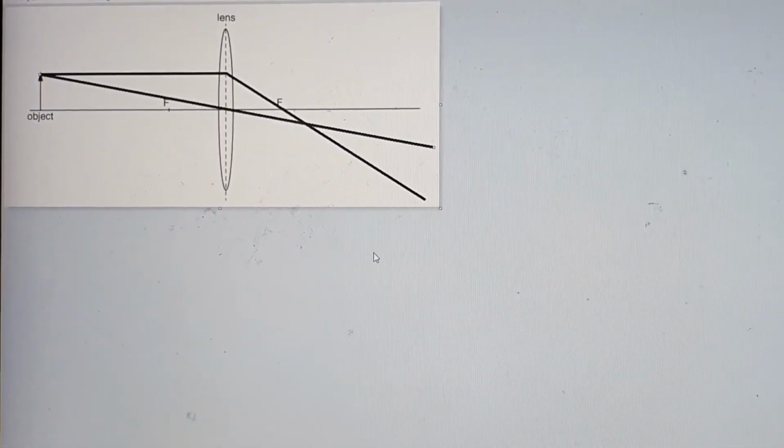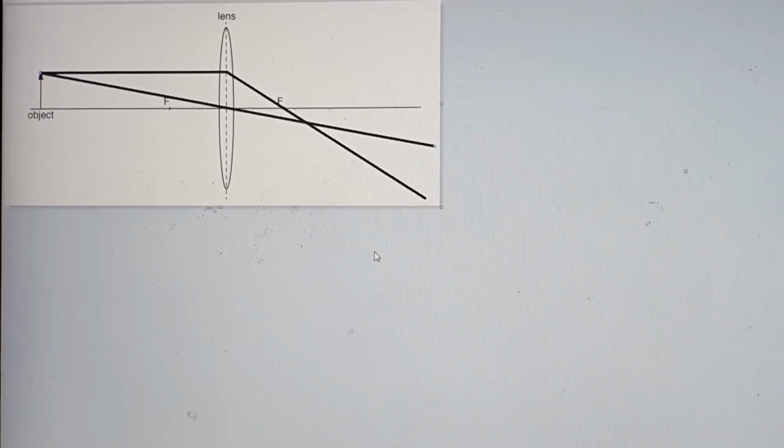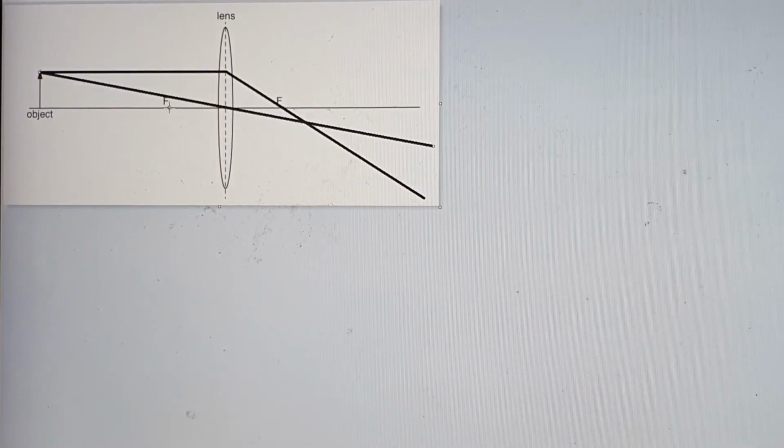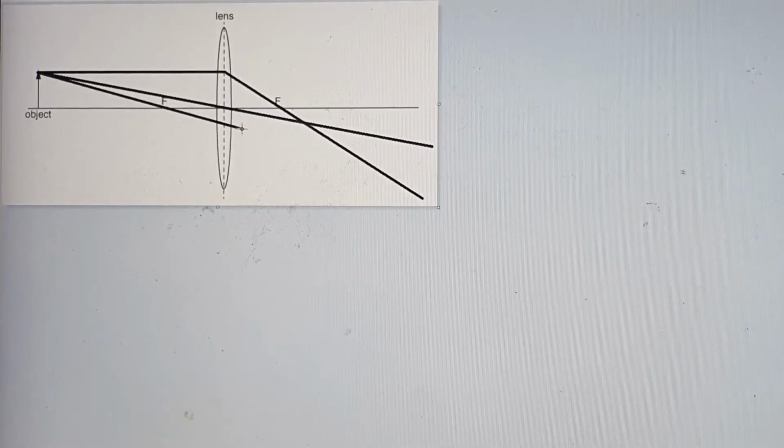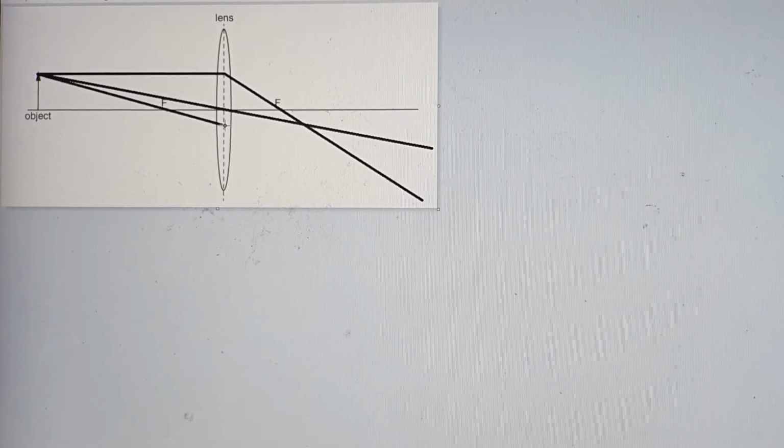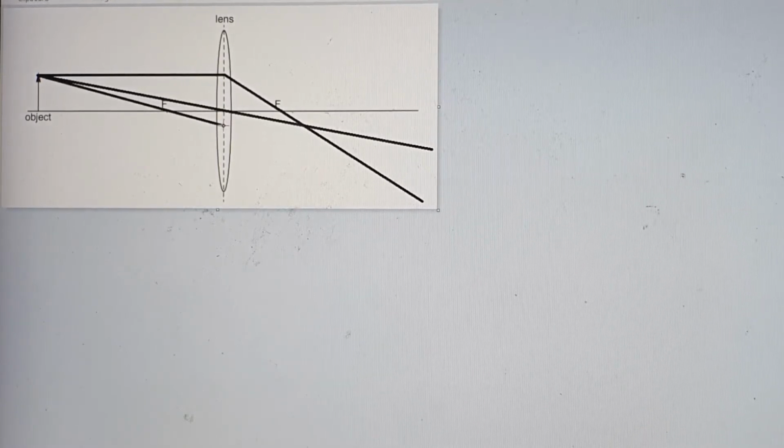Ideally, you only need two lines for this, but for the third one, because the first focus on the left is drawn, you need to draw the third line. From the top of the object, it passes through this focus and it hits the center of the lens. Center of the lens is here.